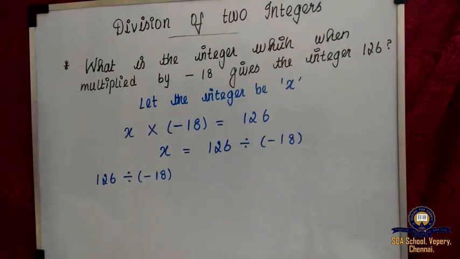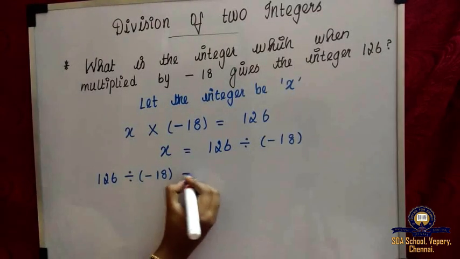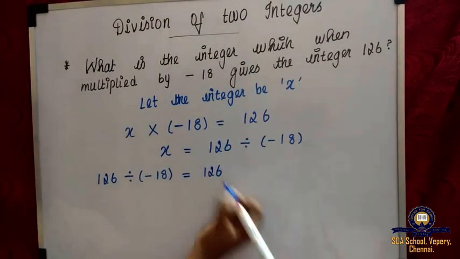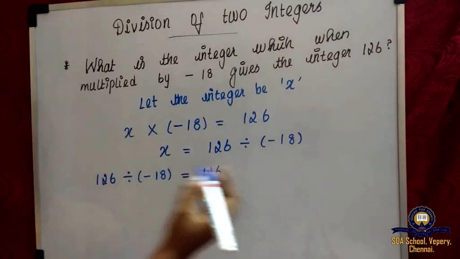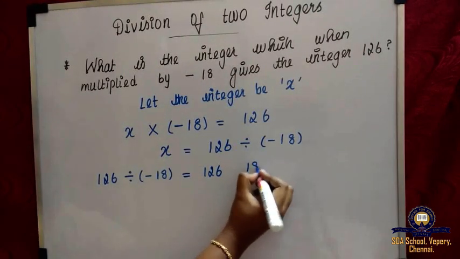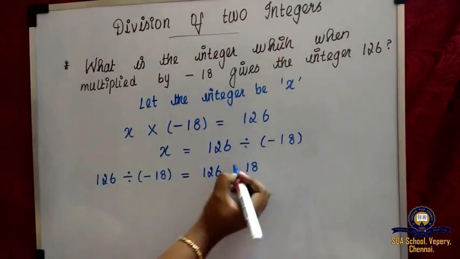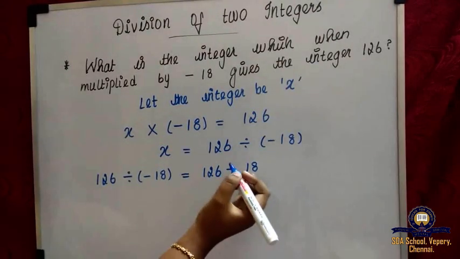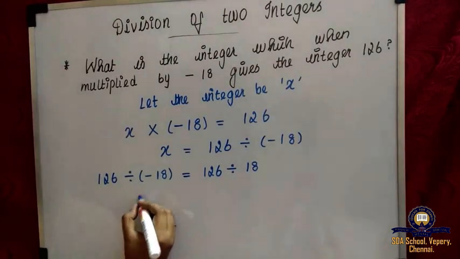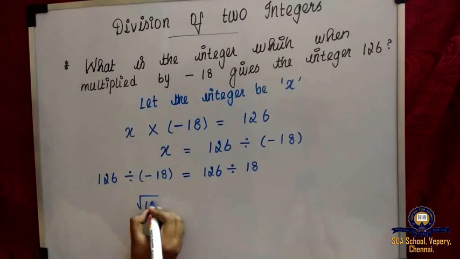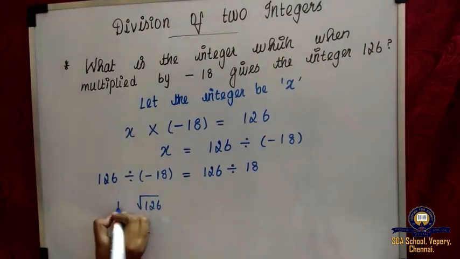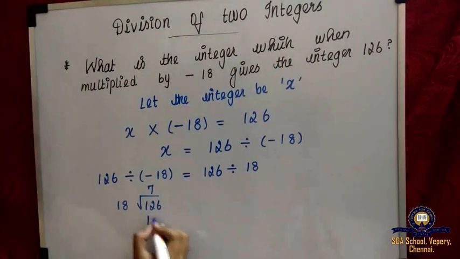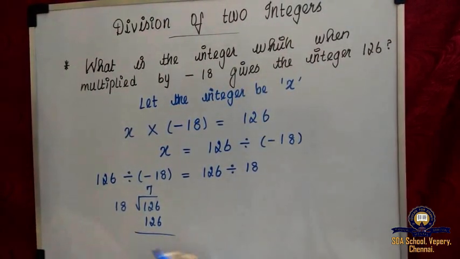First let us find the absolute values. The absolute value of 126 is 126. The absolute value of minus 18 is 18. Now we have to divide their absolute values. So 126 divided by 18. When you divide 126 by 18, 18 sevens are 126.